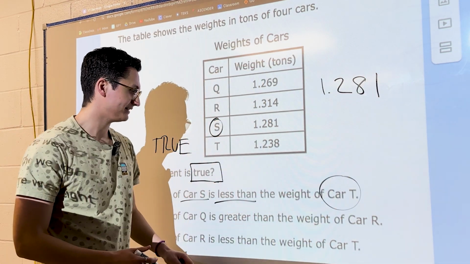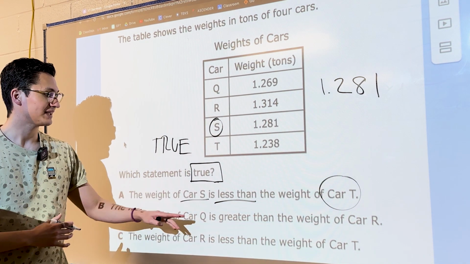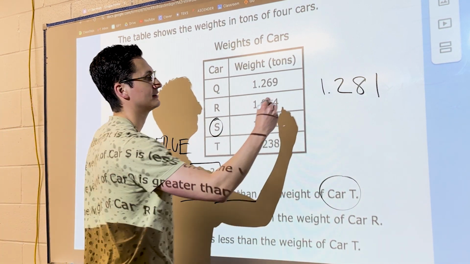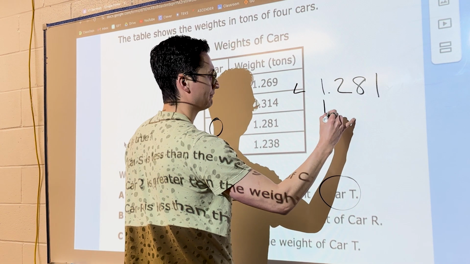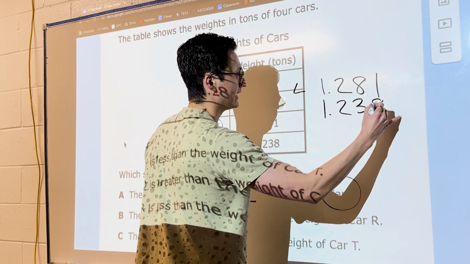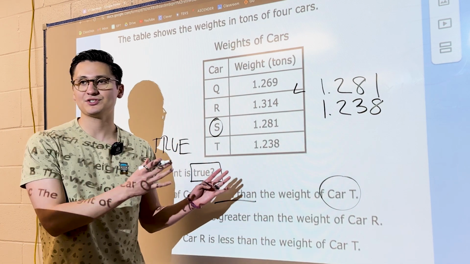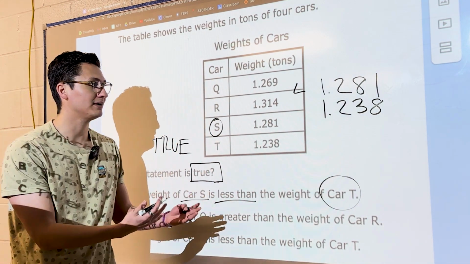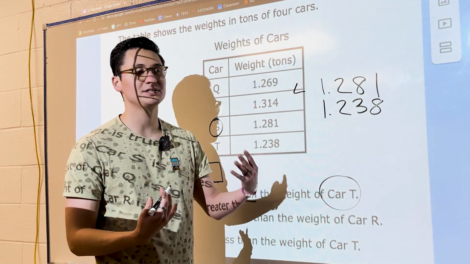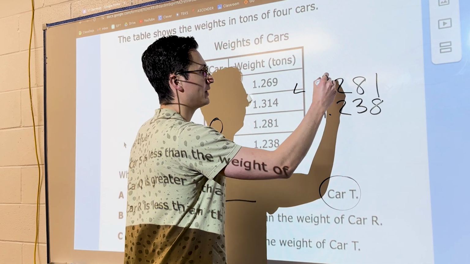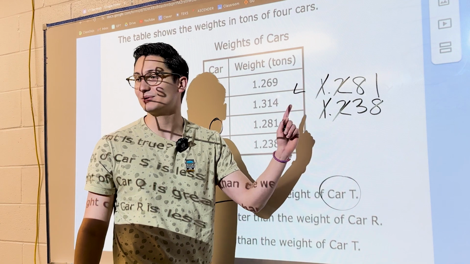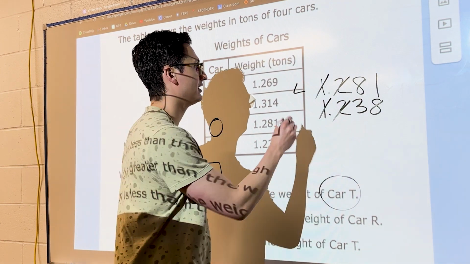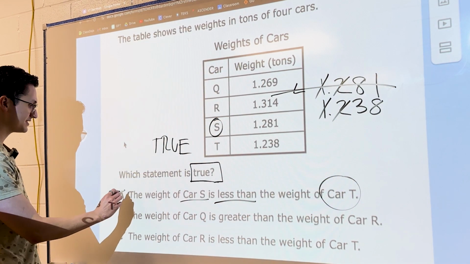And they're telling us that this is less than the weight of car T, which is 1.238. So if this answer is true, when I compare, this top number is going to be less. So the 1s are equal, the 2s are equal. Is 8 less than 3? Nope, it's greater. Therefore, this answer is false.